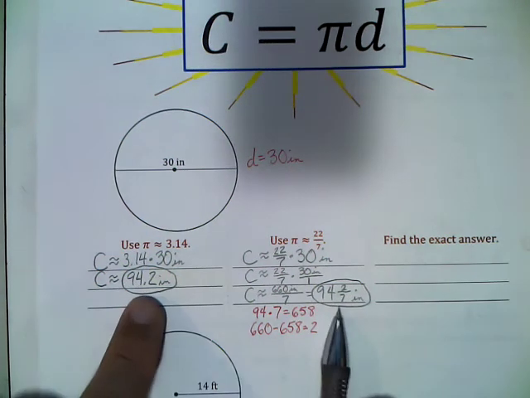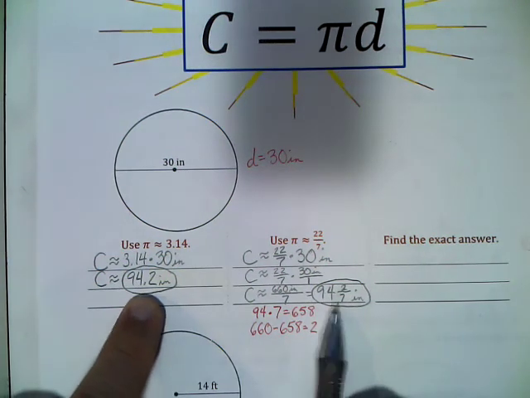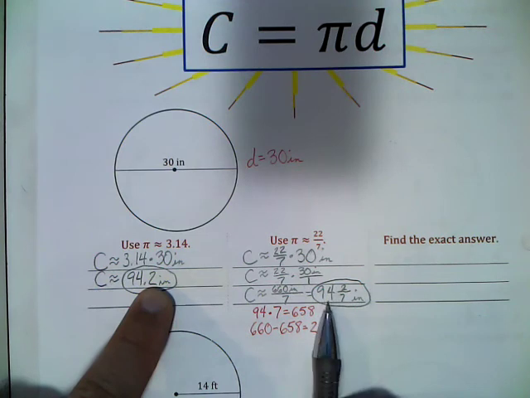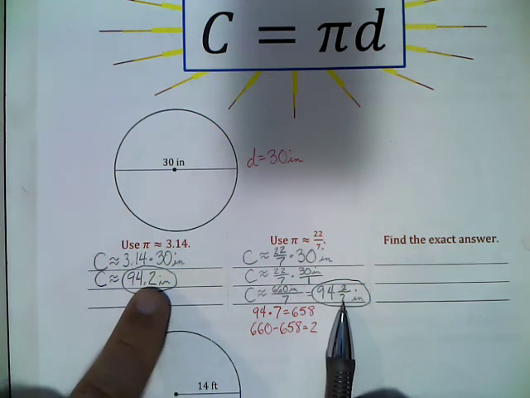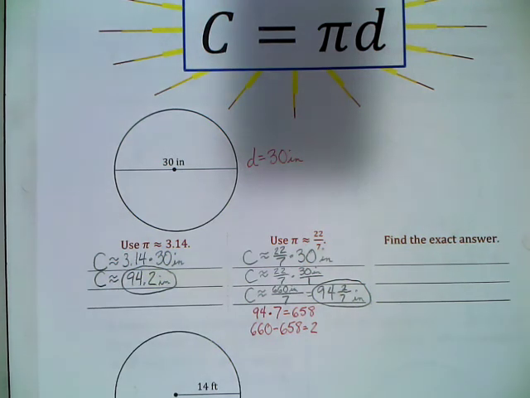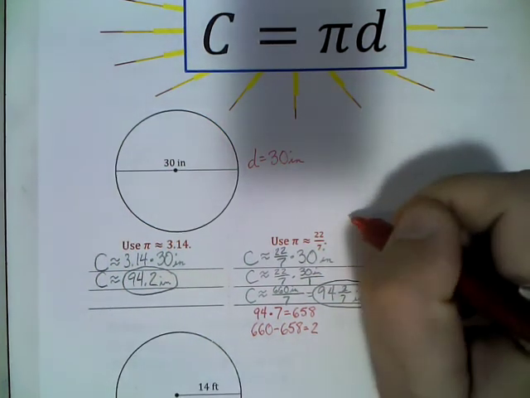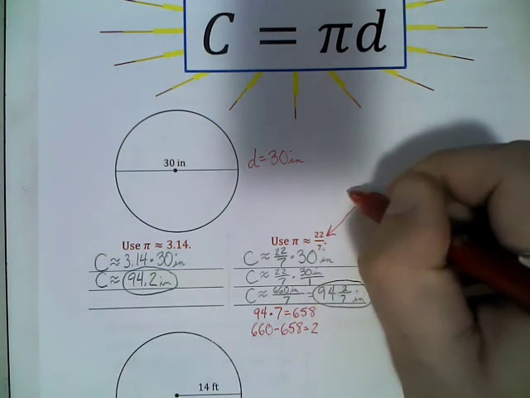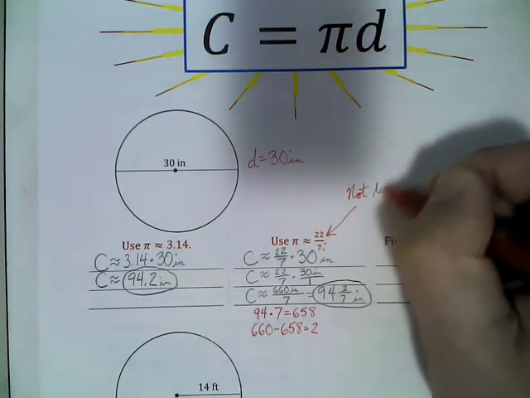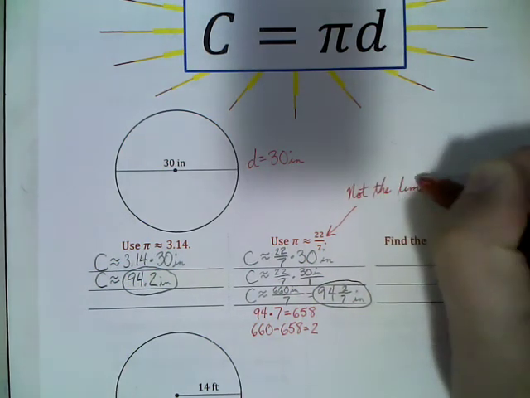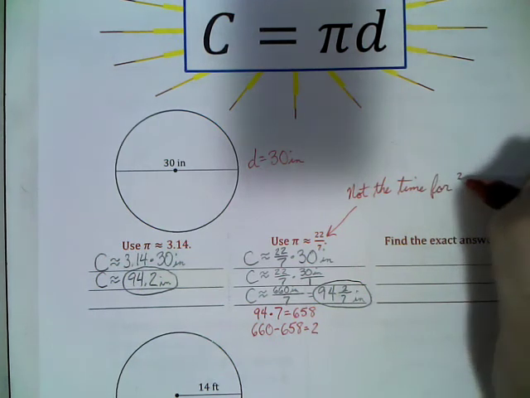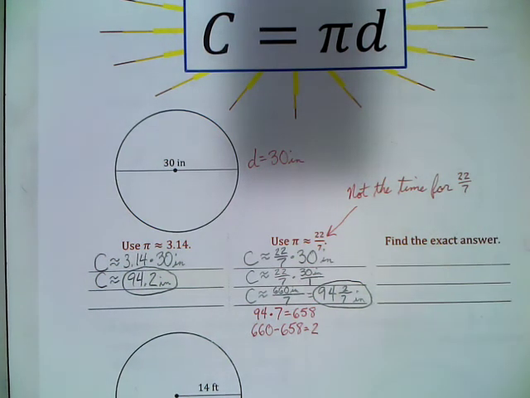So you'll notice these two answers here actually are pretty close. 94 with something extra, 94 with something extra. So they come out about the same. However, if we consider which one of these was easier to do, that was much easier. So this problem was really not the time for 22/7.